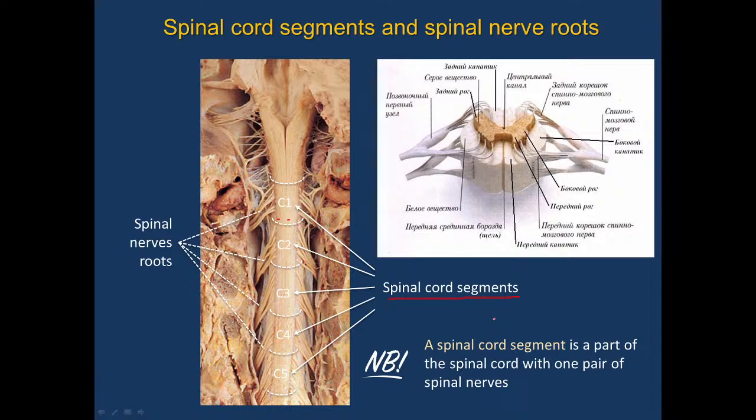So, the definition of a segment is that a segment is a part of the spinal cord with one pair of spinal nerves. Here you could see the part of the spine like a segment.